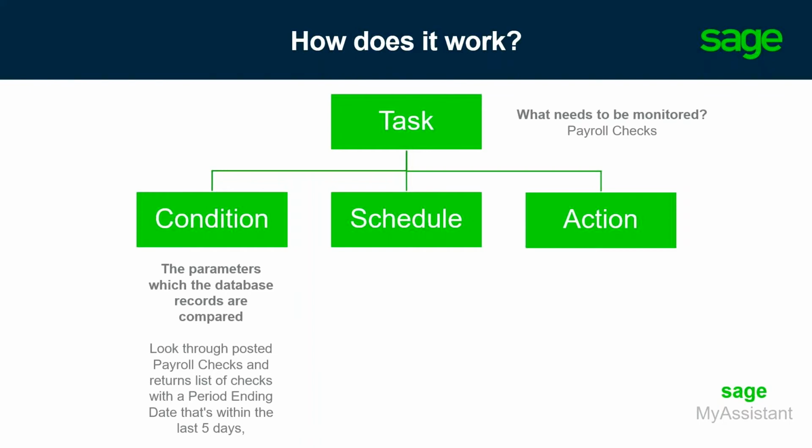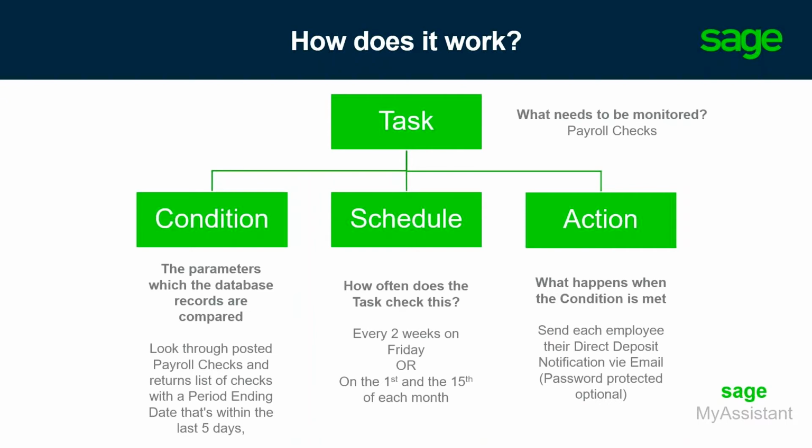But with Sage My Assistant, every 2 weeks, or at the first of the month, we can email out a direct deposit notification, and we can actually password protect it as well. And we can set this to run each time we run payroll. And so those are just two examples of how My Assistant may work.